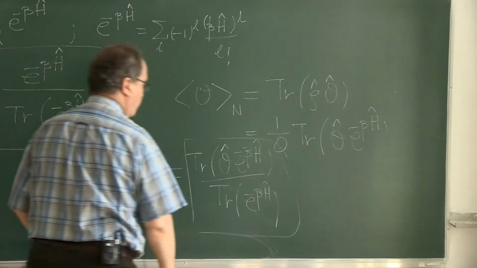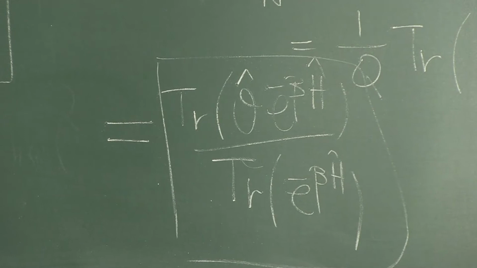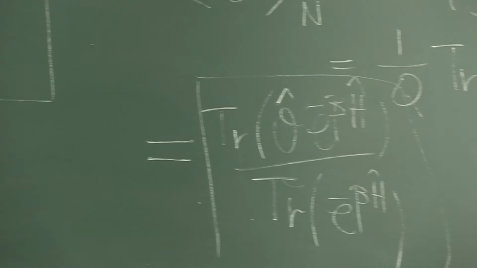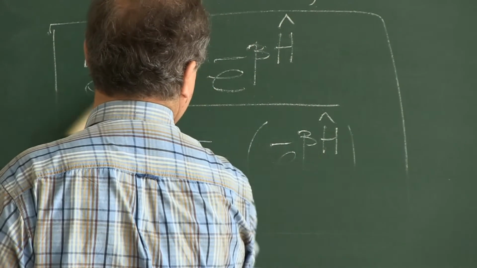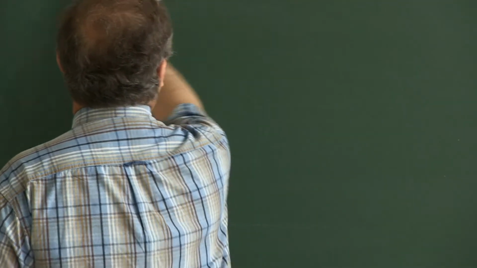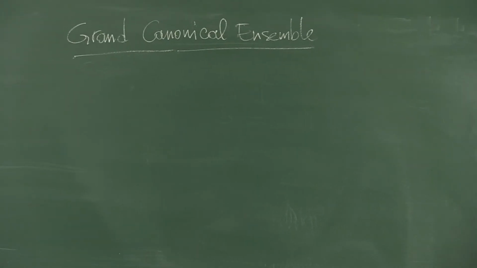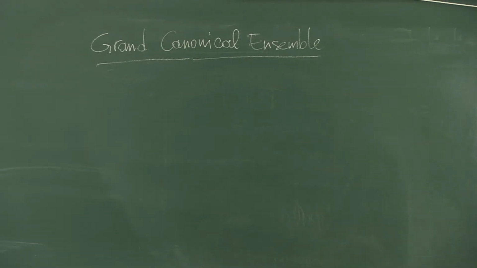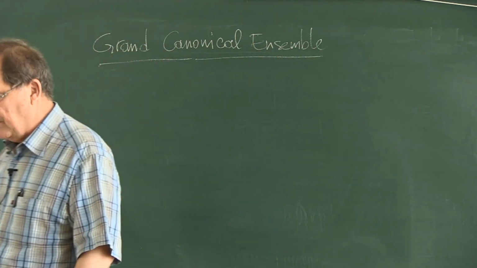In a natural calculation, that's what we do to get the average. And of course, the form of the density operator. Everything, I hope, will be clearer, a little bit more so, when I give you a specific example.